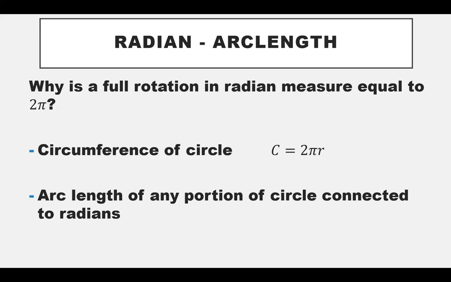So because the entire circle has a circumference of 2 pi times r, the arc length of any portion of the circle is going to be connected to radians. Let me explain what I mean by that.